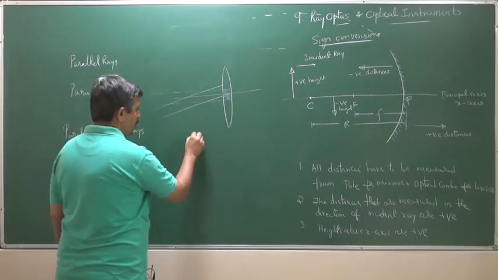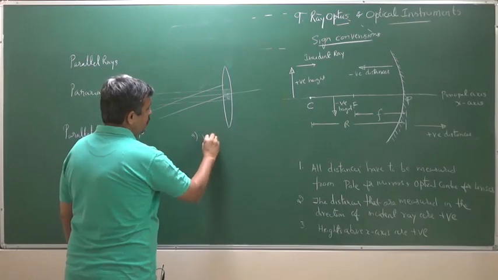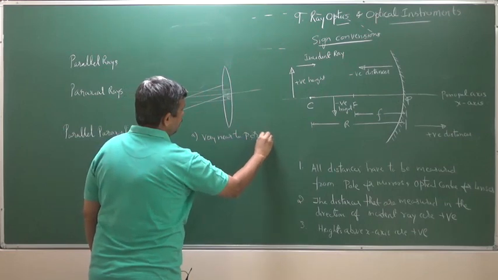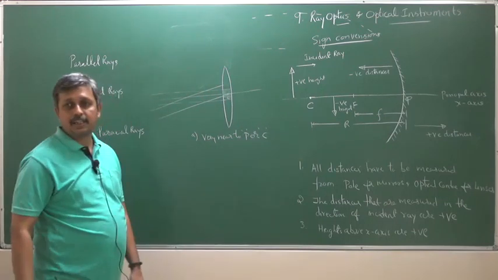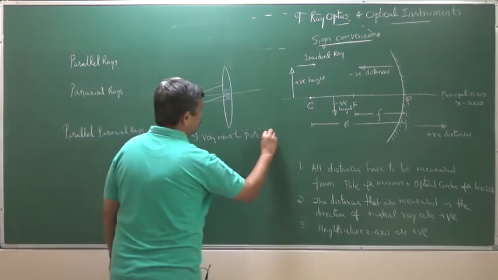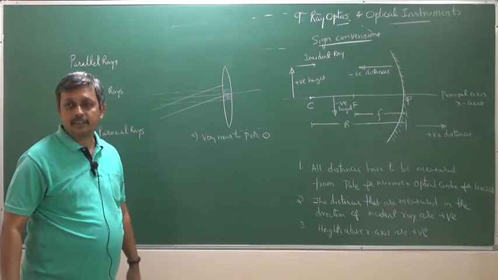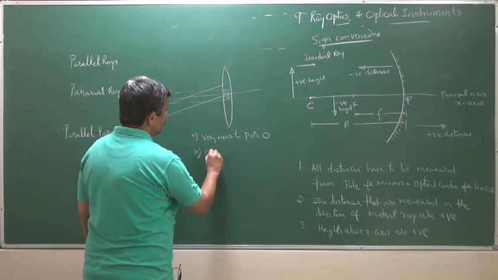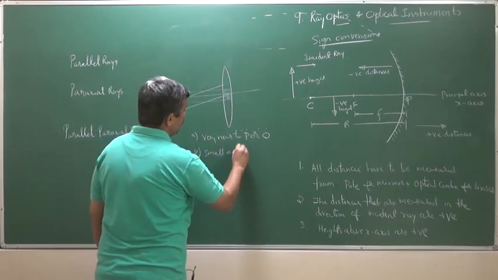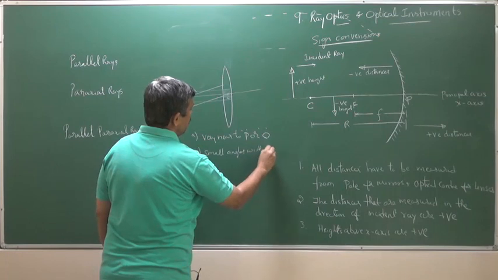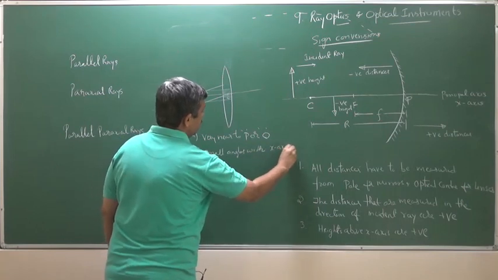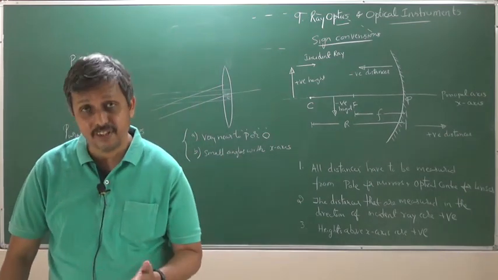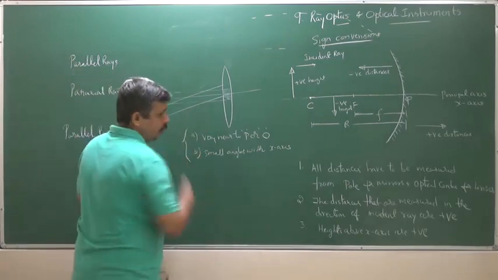So there are two rules. Rule 1: very near to the pole or optical center, depending on whether it is a mirror or a lens. Rule 2: small angles with the x-axis. If these two rules are true, such rays are called paraxial rays. They need not be parallel to each other.